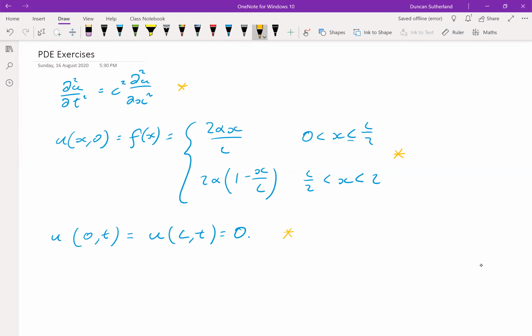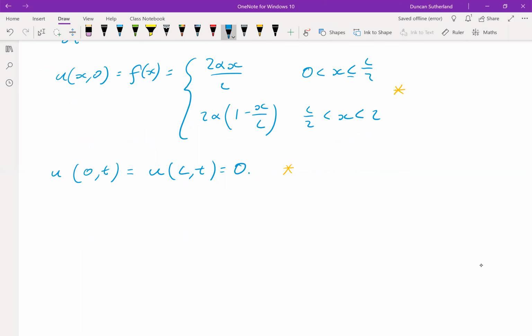This initial condition, we can sketch it out to try and figure out what's going on. U against x, at time naught, like so. We've obviously got between 0 and L on 2, something's happening there, and then we've got L on 2 to L. Looks a bit like a 2.